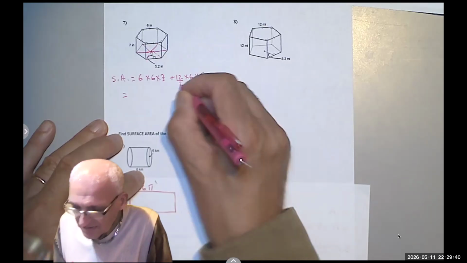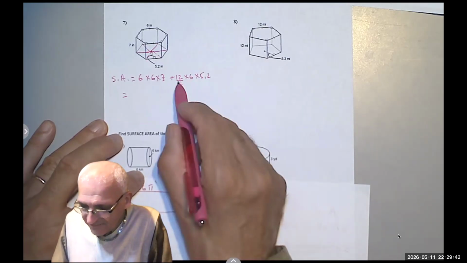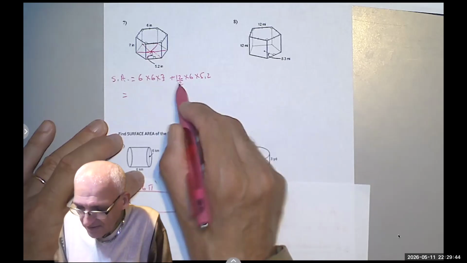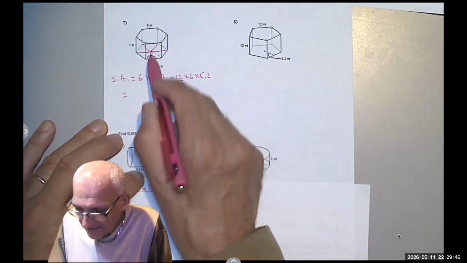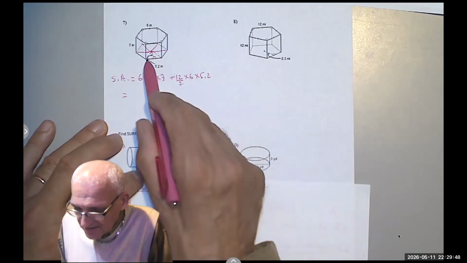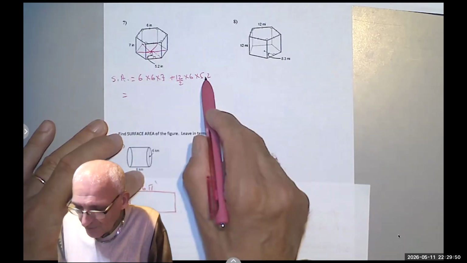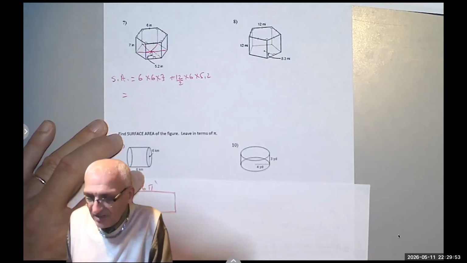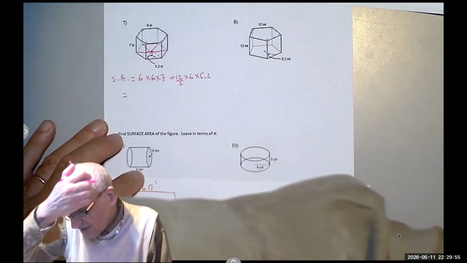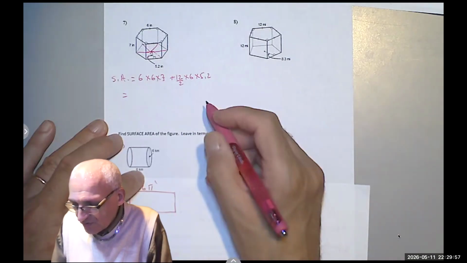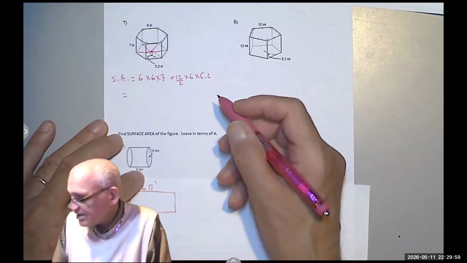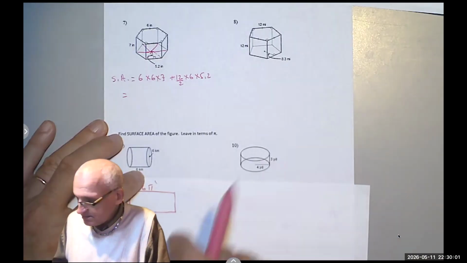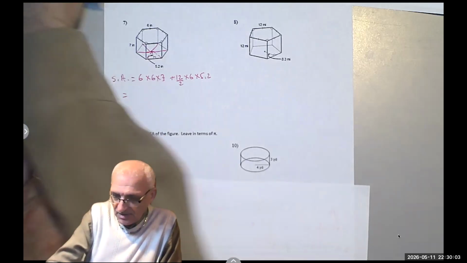Over 2, because that's 1/2 base times height. So base is 6, height is 5.2, and I have 12 of these, but you have to divide by 6, of course. So this is like 36 times 12.2, right? Calculator.